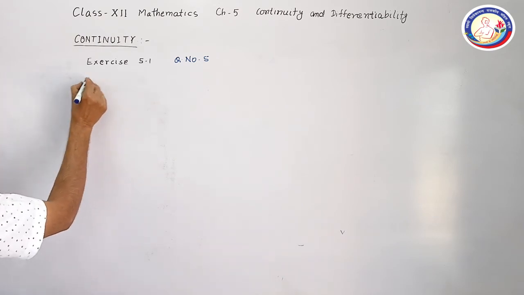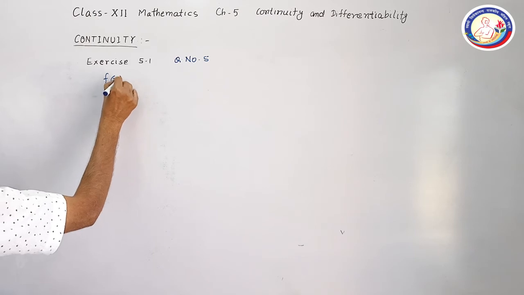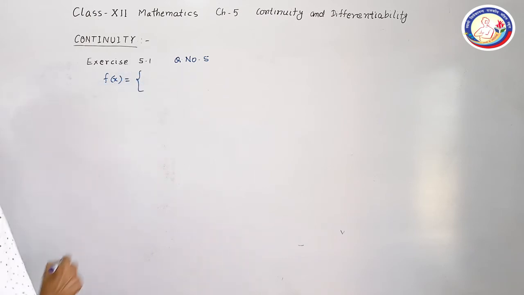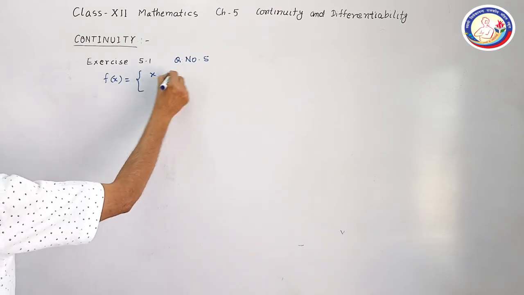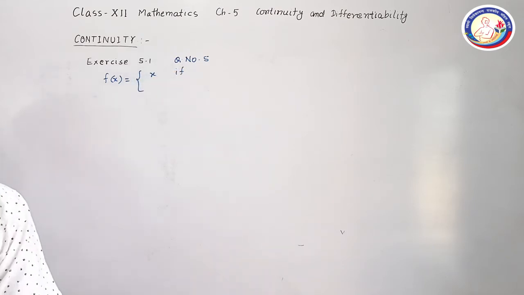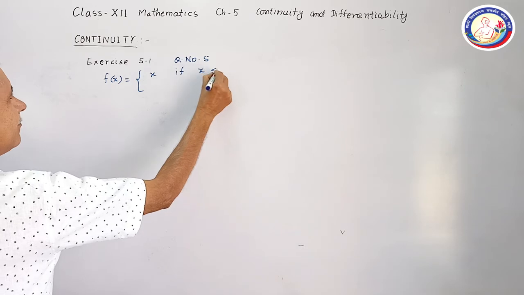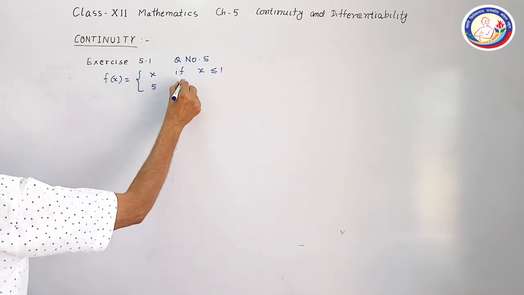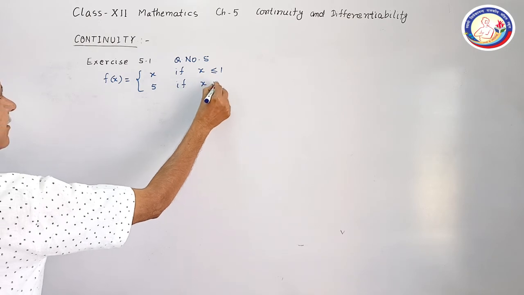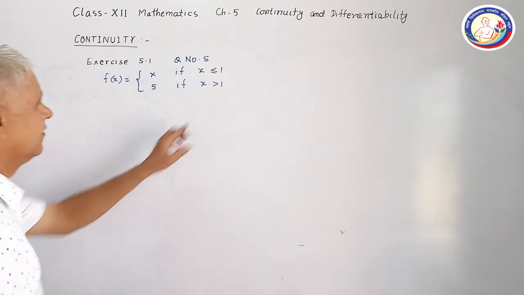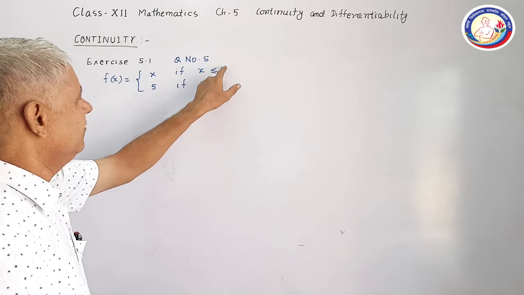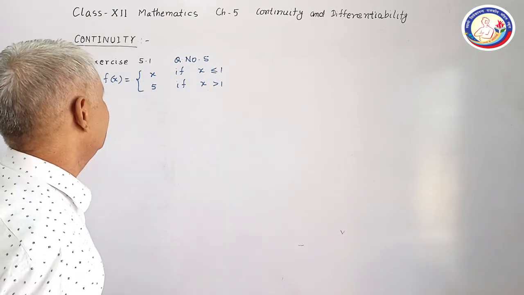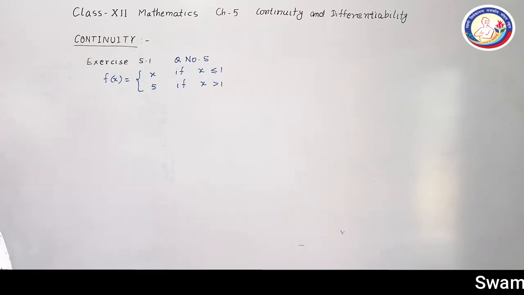We are given the function: the value of the function is x if x is less than or equal to 1, and 5 if x is greater than 1. 1 is the point of transition where the nature of the function changes. The value of the function changes.